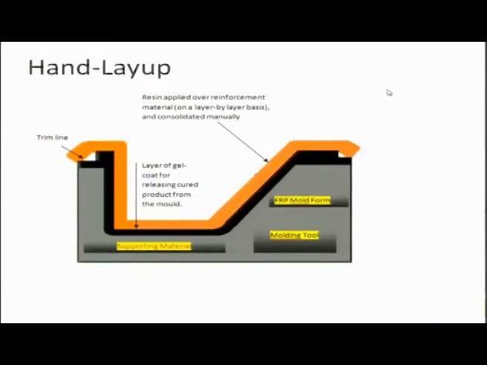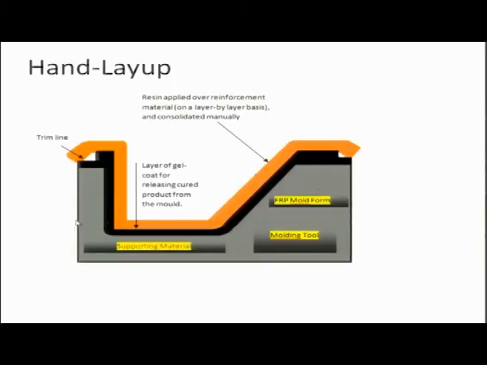So this picture is about the hand layup process, okay. So what do we see here? So here we have a mold, and suppose you want to make the material which is indicated in dark black, this is the shape we want to produce. So first what we do is we make a mold.